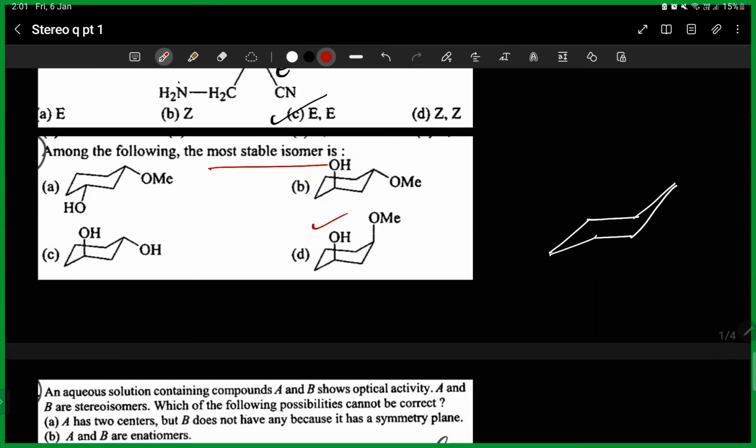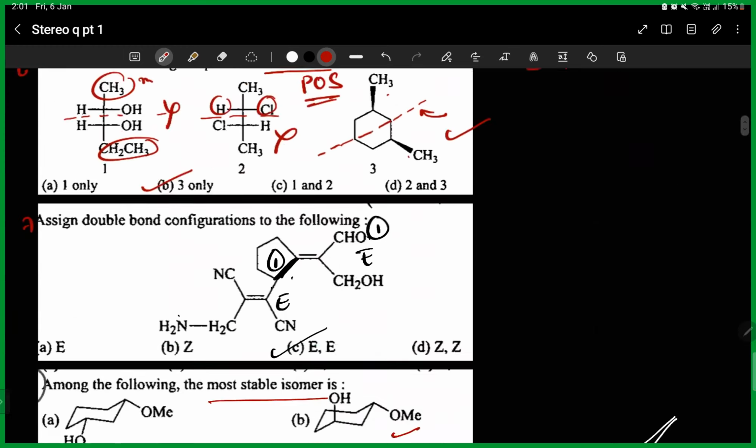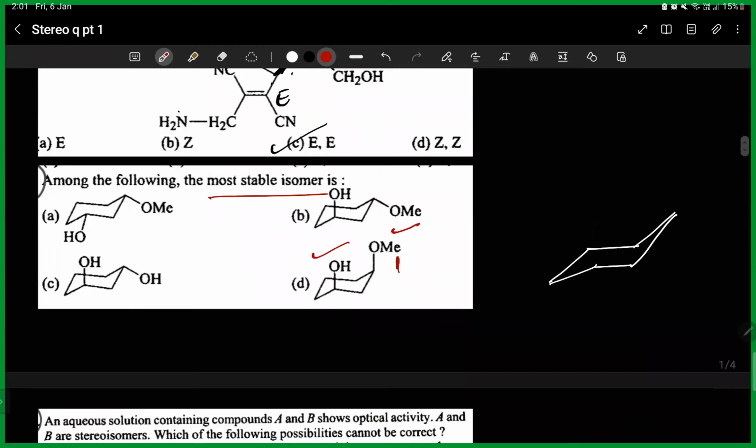So here we can see hydrogen bonding is possible because they are on the same side. So when they are on the same side, hydrogen bonding will be possible. So you'll get OH. So you have OCH3. So because of electronegativity, you will get a delta negative charge. Here you will get a delta positive charge. So there is a hydrogen bond here. Okay, this is the hydrogen bond.